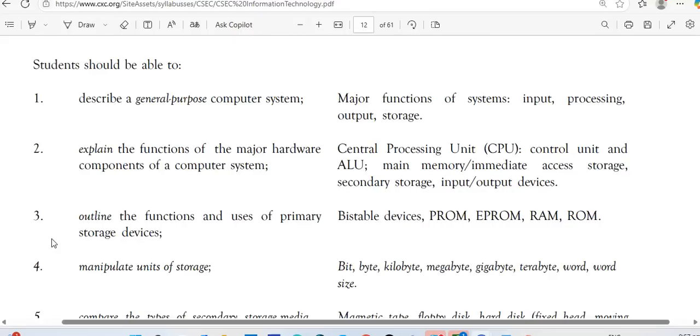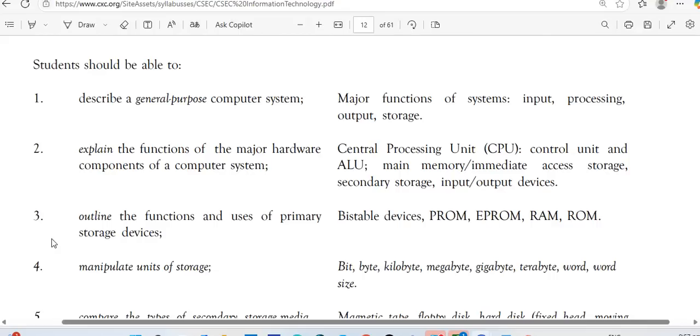What is the relationship between the central processing unit and input and output devices? Now, input devices, such as a keyboard, allow users to interact with the computer system. The CPU receives data from input devices. The CPU receives instructions from input devices.